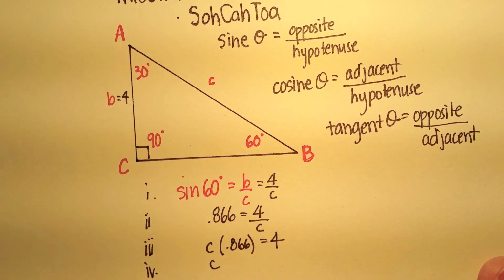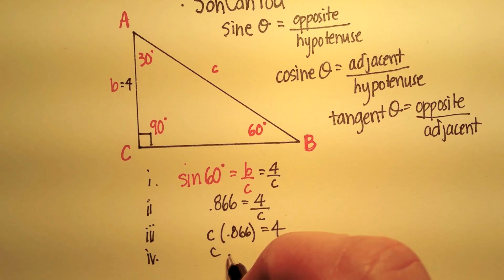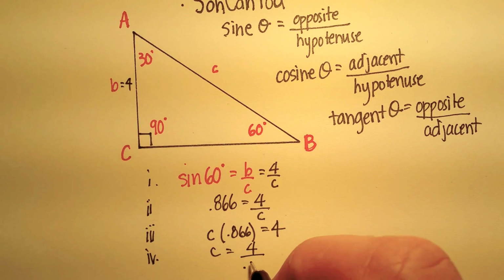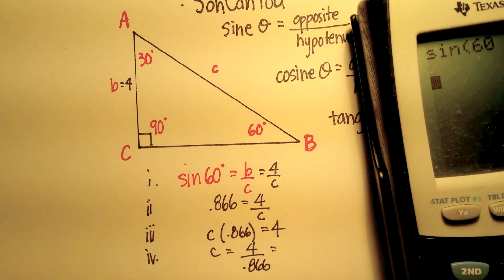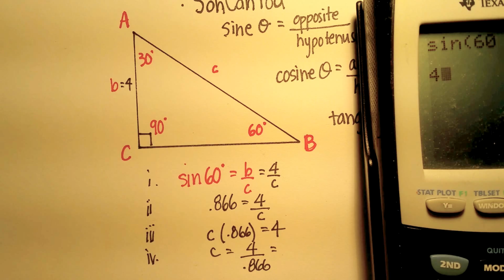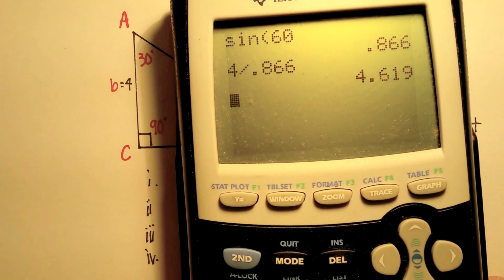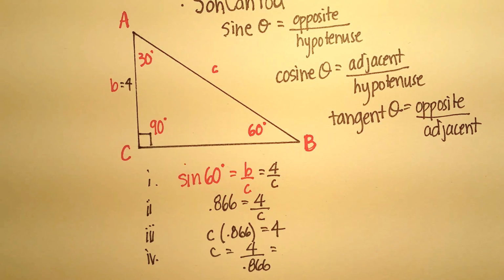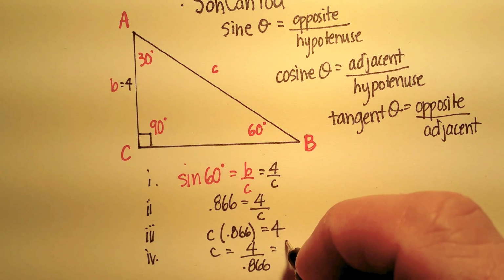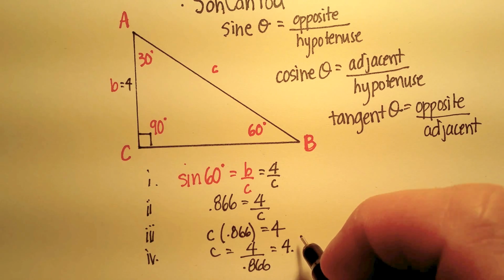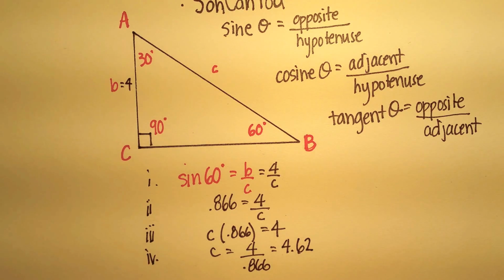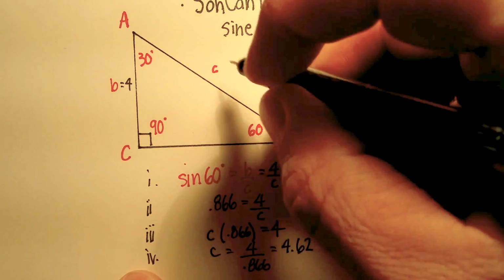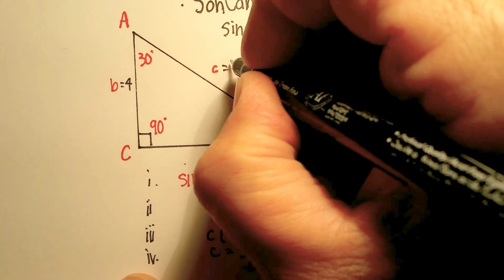So you get c is equal to 4 divided by 0.866. Let's just try that real quickly. 4 divided by 0.866 is equal to 4.619, and we'll just say 4.62. Okay, so now we know that c is equal to 4.62.